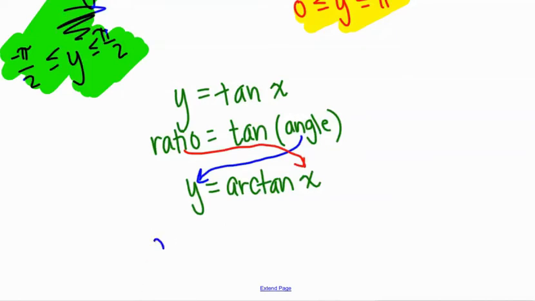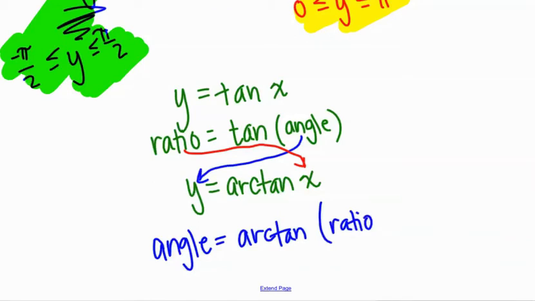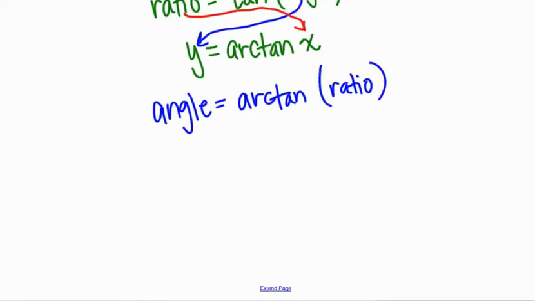So I have the angle equals the arctangent of the ratio. And our angles for arctangent are just like sine. They fall between negative pi over 2 and pi over 2.